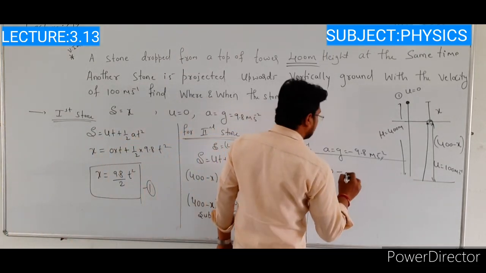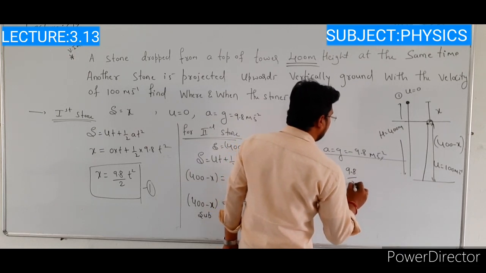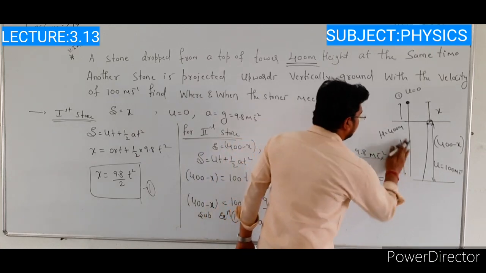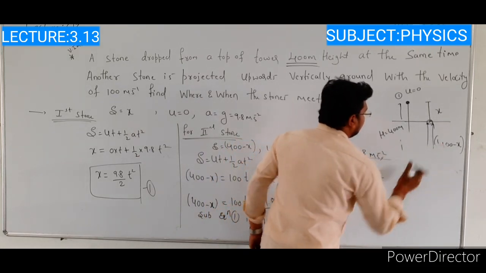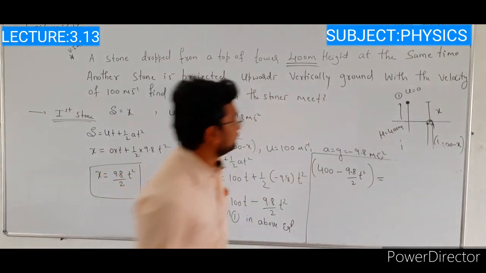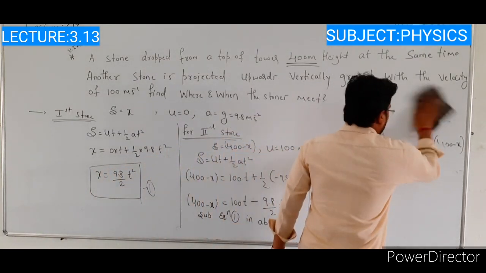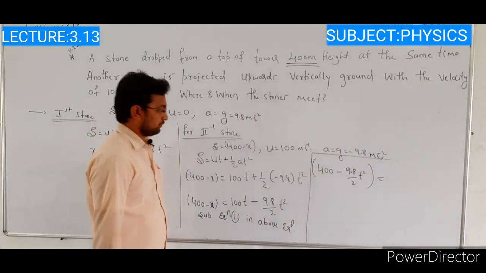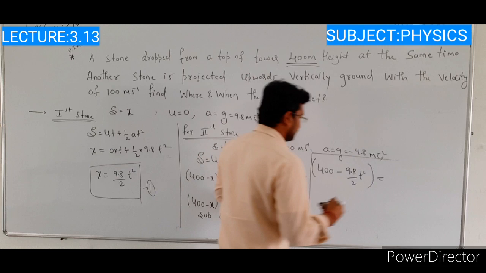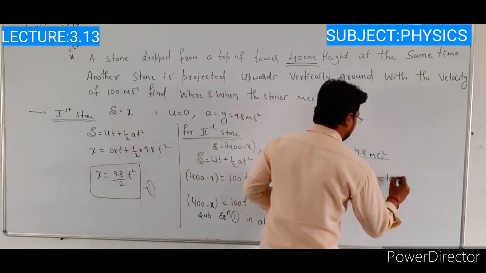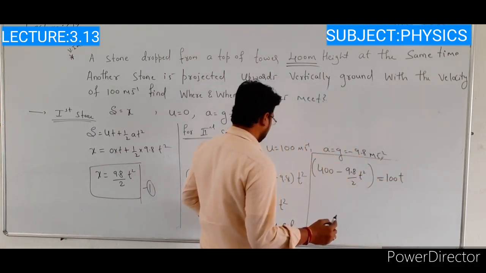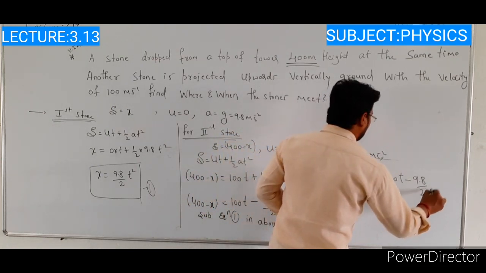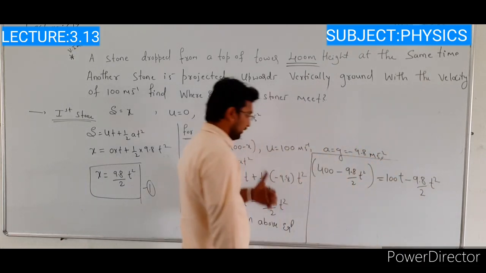Substituting here, 9.8 divided by 2 into t square is equal to 100t minus 9.8 divided by 2 into t square.